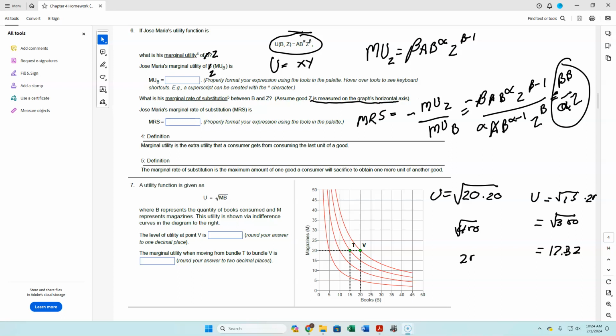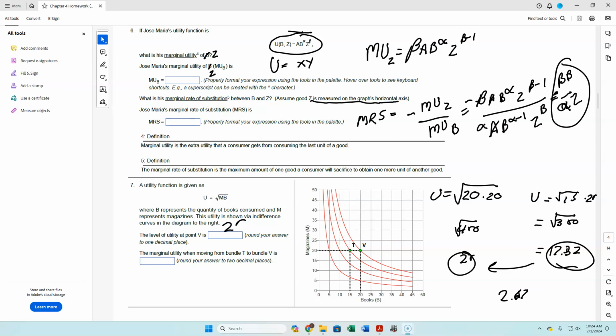And the utility at point V is going to be our answer here. That was 20. And moving from T to V, how much does our utility increase by? Well, it increases by this difference between the two, going from 17.32 to 20, a difference of 2.67, but here's where they totally are tricking you.